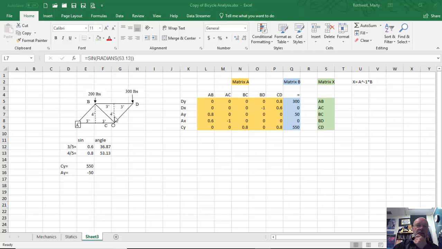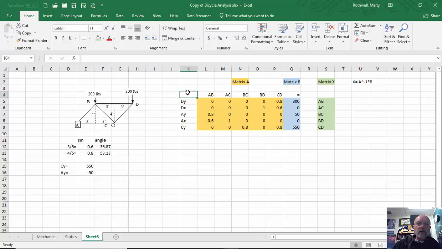The other angle, down here, would be 36.87. I'll show you why I do that later on.